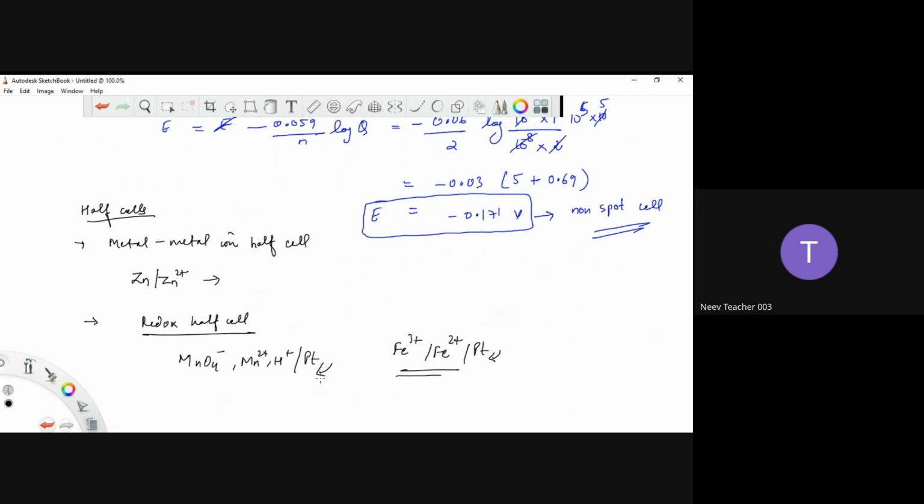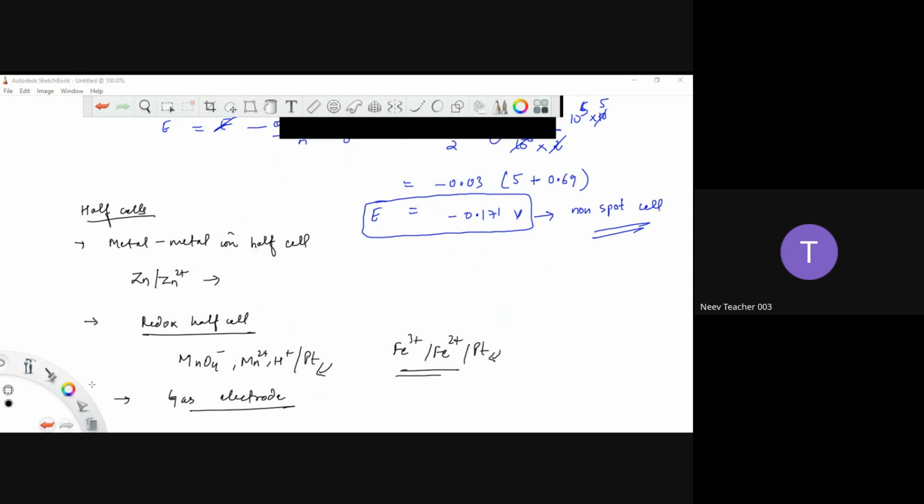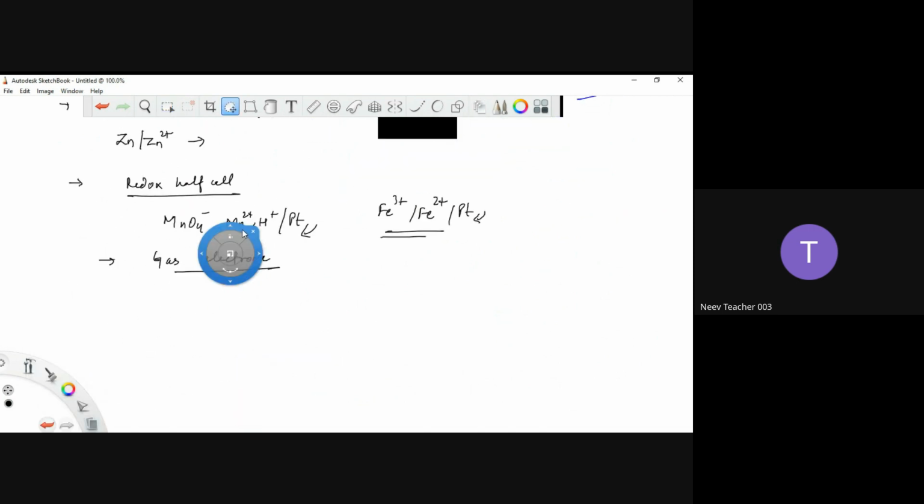Then comes the gaseous half electrode, or gas electrode. The third type is the gas electrode, like the standard hydrogen electrode, SHE. That is one kind of gas electrode, like the chlorine half cell we have used. For example, if I take Pt, Cl2, Cl minus, this is anode.